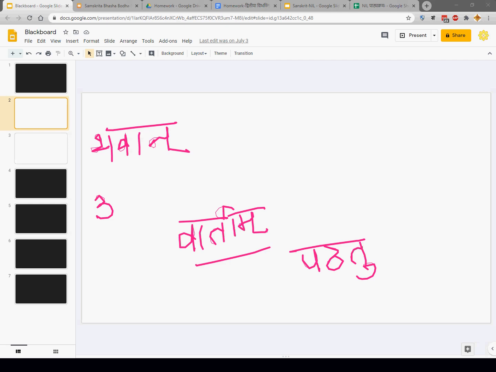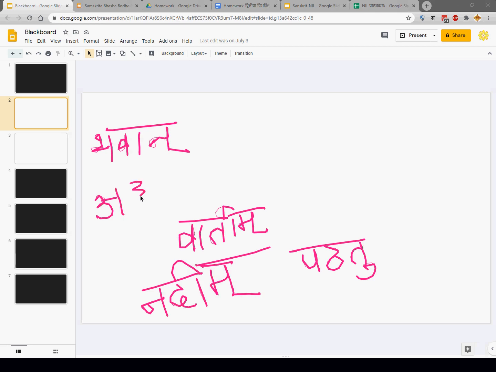The Moola Shabda, or the base word for Strilinga for Adyatana, is Adyatani. It's like Nadi. So now the Nadi word in the second case ending and Ekavachanam, what will be the form? Nadihi? No. Nadim. Second case ending, Nadim.